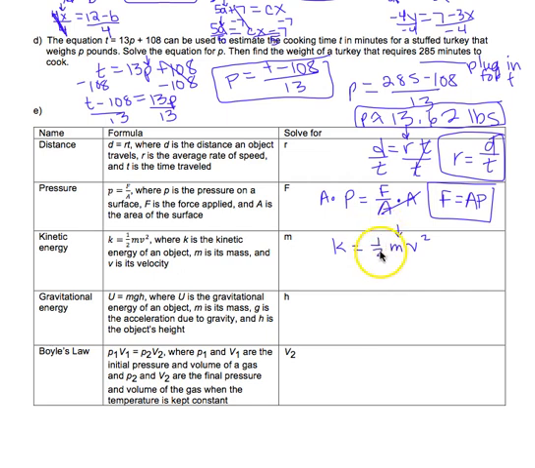So the reciprocal of 1/2 is 2 over 1, or just 2. So multiplying by 2 will cancel that. So that gives me 2k equals mv squared. I'm still trying to get m alone. It's multiplied times v squared, so I undo multiplication with division. So divide that away. m equals 2k divided by v squared.